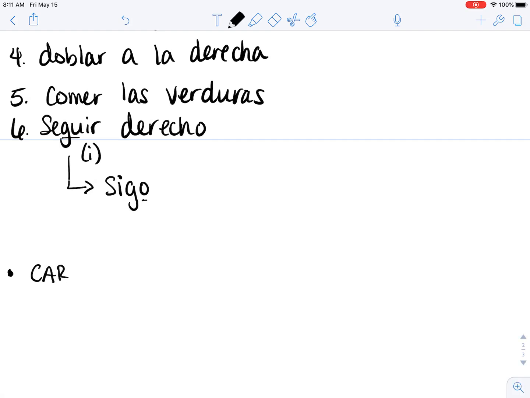That being said, since seguir is the opposite of a gar verb, now let's actually talk about our car, gar, and zar verbs. If you remember those from when we talked about the pretérito, those same car, gar, zar rules are going to apply in the negative forms only.